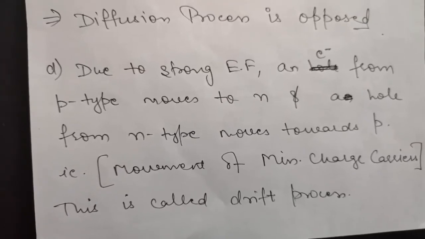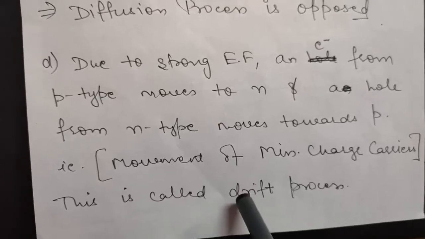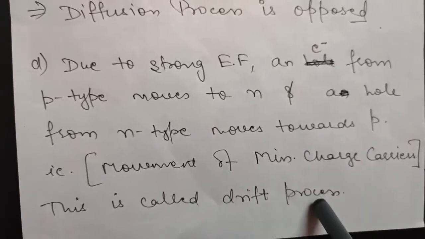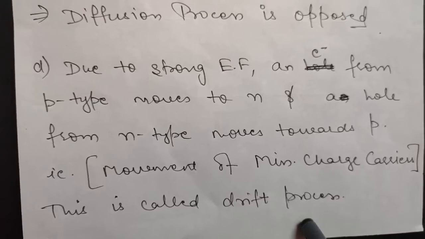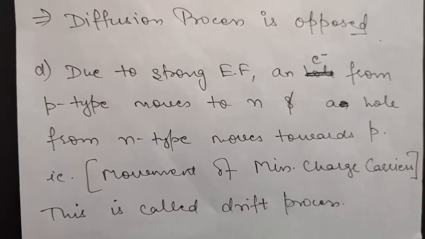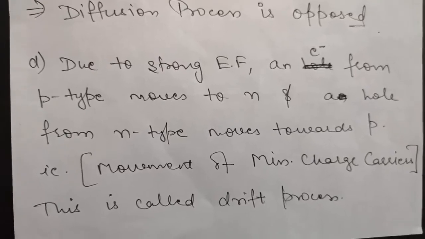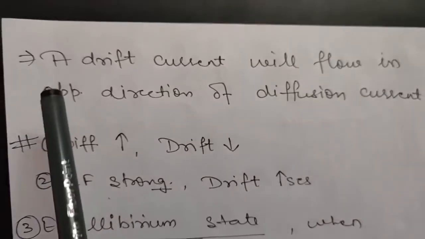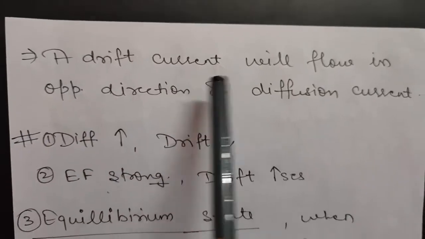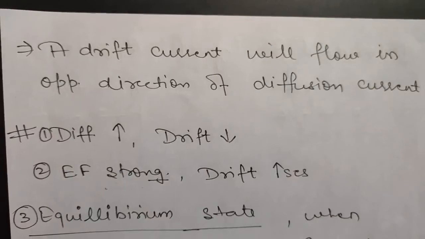Diffusion process is due to the movement of majority charge carriers, and drift process is due to the movement of minority charge carriers. And due to this drift process, a drift current will flow in the opposite direction of the diffusion current.